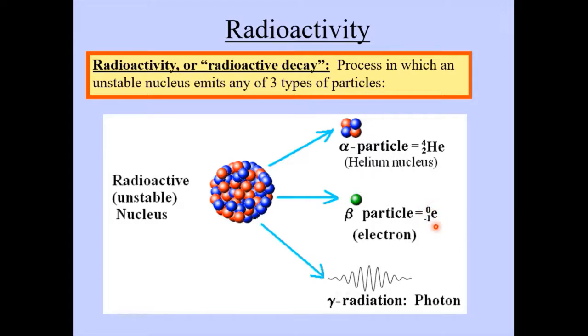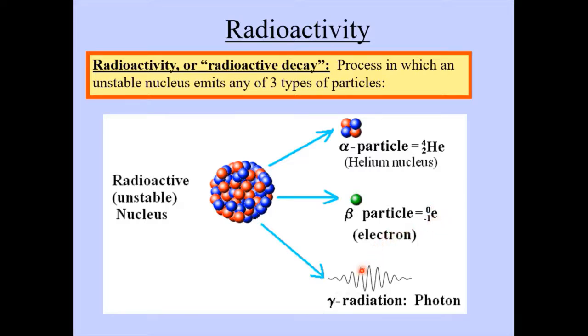Now, the number down here is the number of protons, but really what this number down here tells us is the charge, the number of positive charges. In other words, the helium nucleus up here has 2 positive charges, 1 for each proton. Well, an electron has a negative charge, and the negative charge of the electron is the same as the positive charge of the proton, except of course the sign is flipped. So that's why we see a -1 down here for the electron. So the notation for electron is 0 on top, -1 on the bottom.